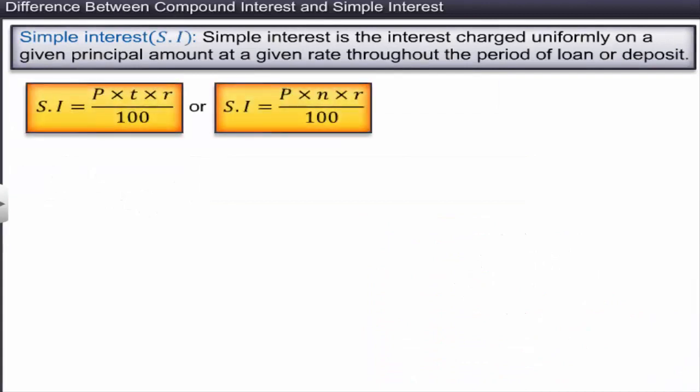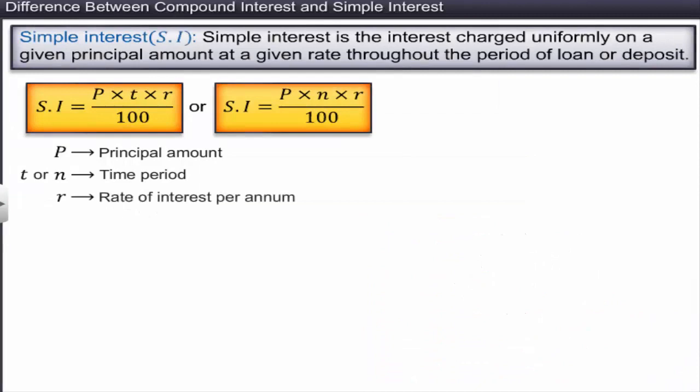It is equal to P into T into R upon 100, or P into N into R upon 100, where P is the money borrowed or invested, called the principal amount. T or N represents the time period, and R is the rate of interest per annum.